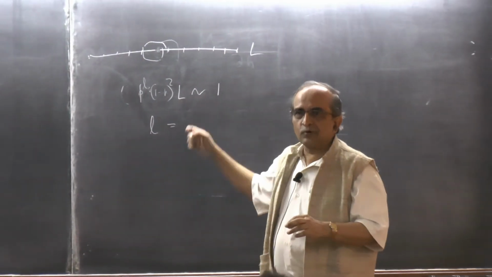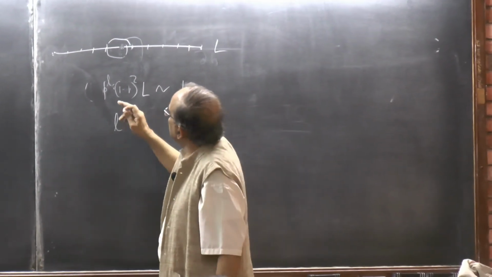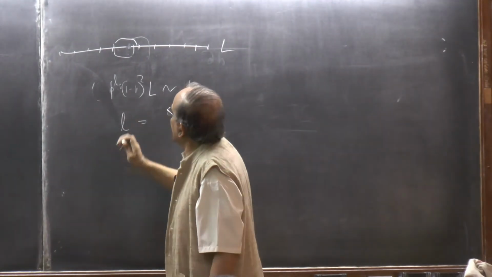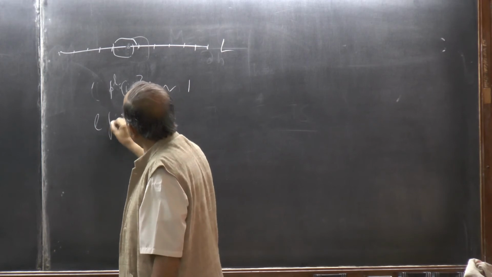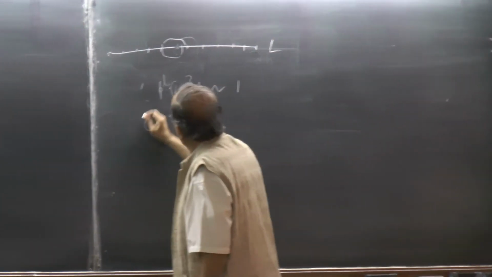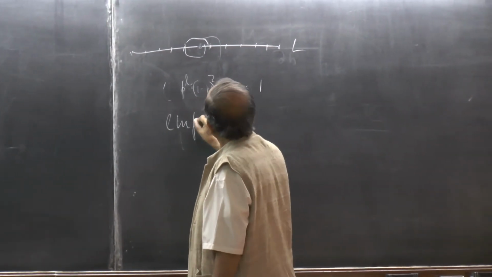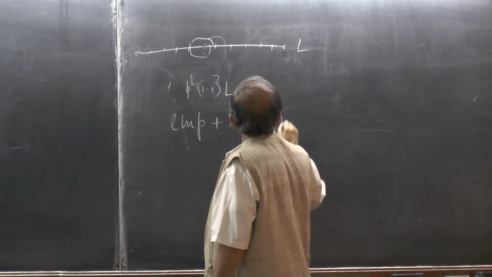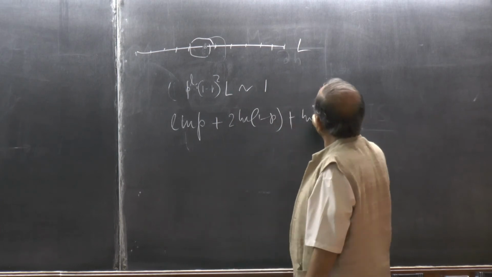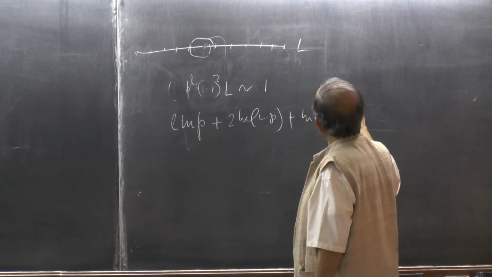This is called Lipschitz argument today. So Lipschitz tail argument. So to get L, what you do is you take log of both sides. L log p plus some 2 log of 1 minus p plus log L is 0.